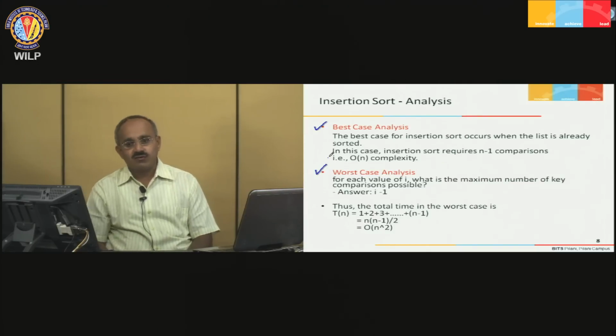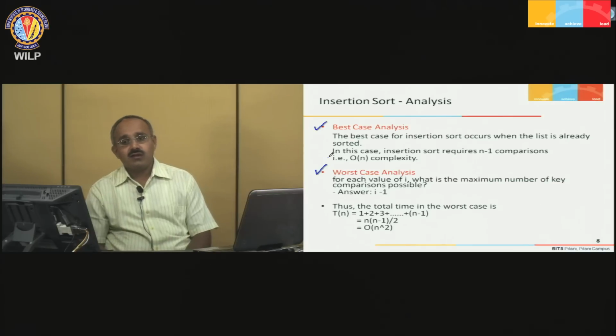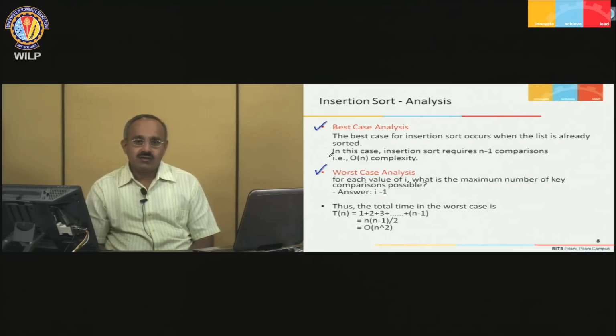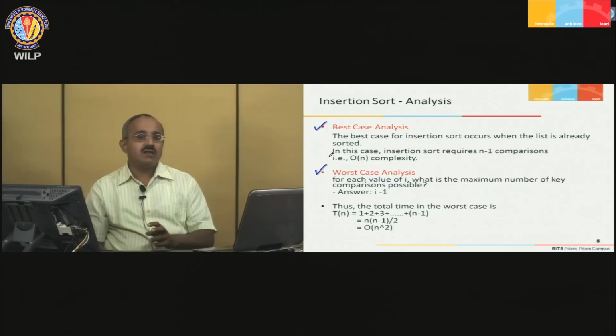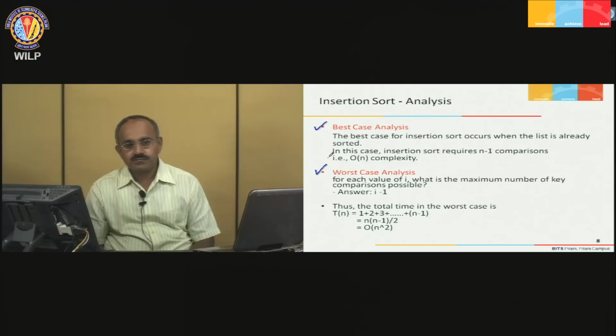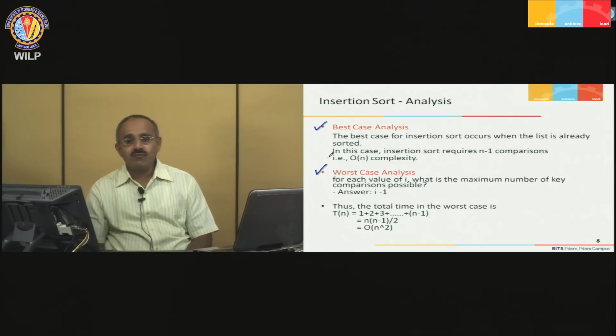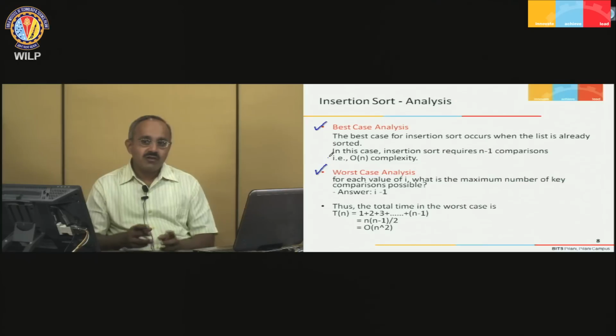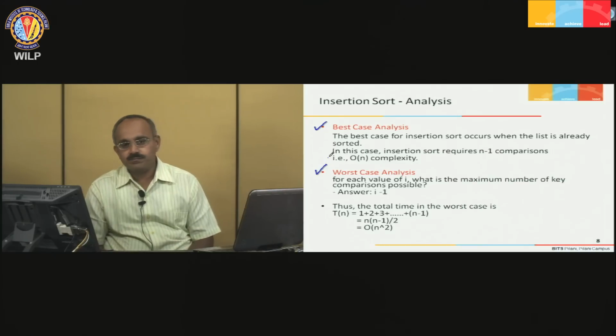Worst case analysis, we already know, is something that we can guarantee: whatever your input is, if you do this many computations, then you are going to get a sorted sequence. Best case happens only if you have a particular instance of a problem.